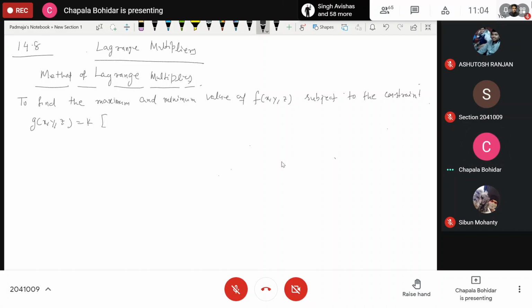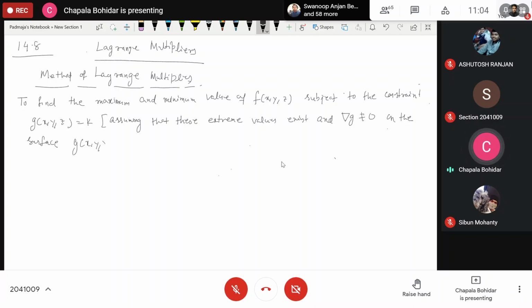Assuming that these extreme values exist and grad of g is not equal to 0 on the surface g(x, y, z) equals k.